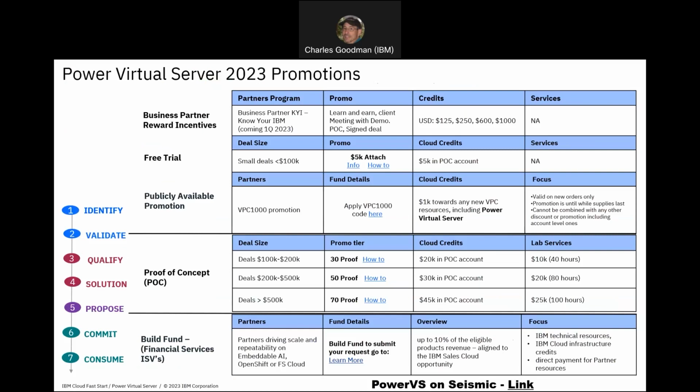You get the first step of the workload, maybe an LPAR or 2 moved up to Power VS, and maybe they have a few more LPARs they want to do. And the customer is going to ask you to do services, or we're going to have lab services or expert labs in there doing the services. We have funding to help defray some of that cost of moving that customer up to Power Virtual Server.